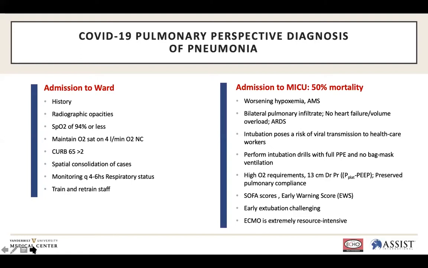When do we bring them to the ICU? Well, the ICU is, of course, indicated when the hypoxemia is worsening. Patients can no longer maintain appropriate oxygen saturation just based on 4 liters of nasal cannula. When their mental status changes, when their lung disease worsens, their respiratory status worsens as well.